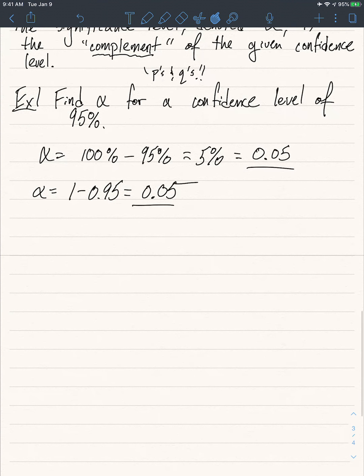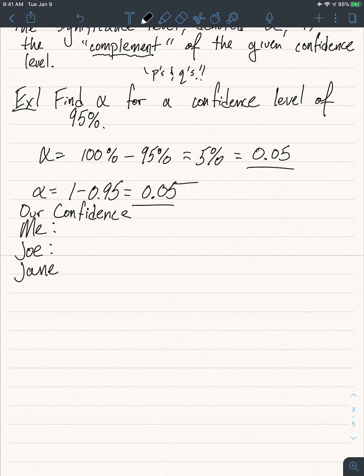I'm not going to do actual math yet, but here's our confidence intervals. And let's say we were 95% confident.